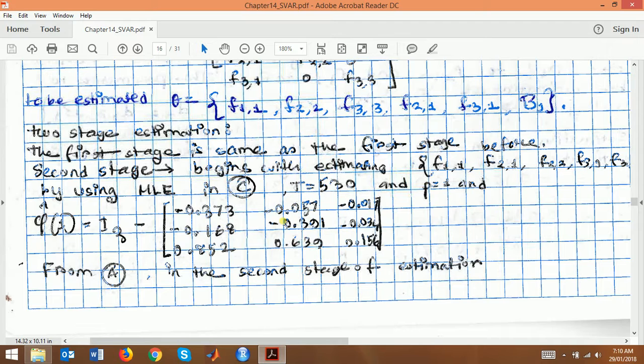What is the equation that specifies the relationship of the autoregressive parameter? So phi 1 is identity matrix minus some other matrix here. Let me just have a look into it and find it out.